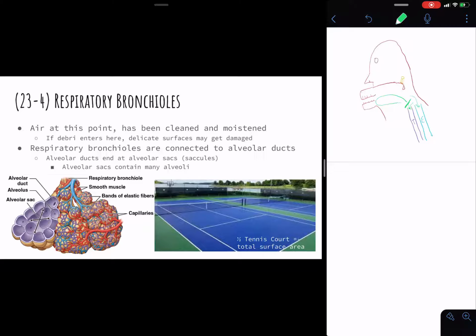And how much do you think smoking on a pretty regular basis would actually decrease that surface area by? By about 75%. So that half tennis court actually then becomes 1/4 of that 1/2. So what is that, 1/8? So you only have 1/8 of a tennis court left for use to actually get air in and get air out, which obviously has a lot of detrimental effects.